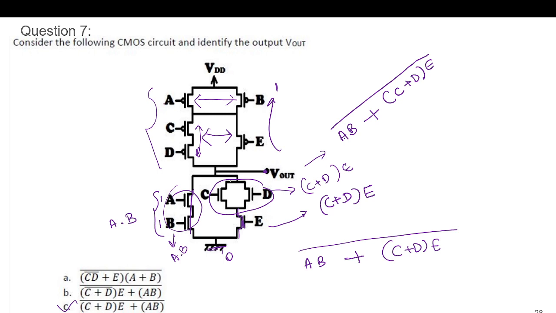So either of them we can consider for writing the equation. But for logic operation we need both pull-up and pull-down. Once you get the pull-down network, then you can design the pull-up by making series to parallel and parallel to series. Yeah, I got it.